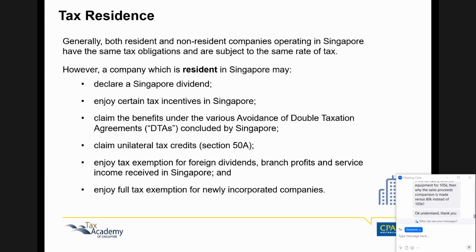You can also claim unilateral tax credit, and you can enjoy tax exemption on foreign dividends, branch profits, and service income received in Singapore. And if you are a newly incorporated company, you can enjoy that tax exemption. This is all theory. In the course of your work, maybe you may need to know, but not so much for the exam.